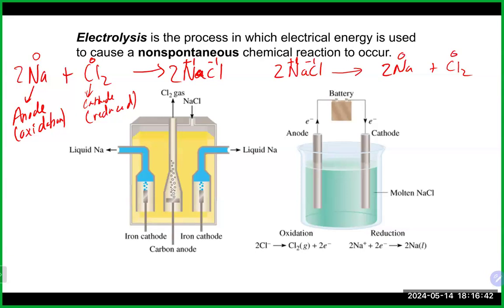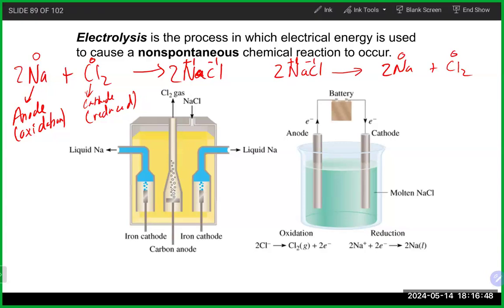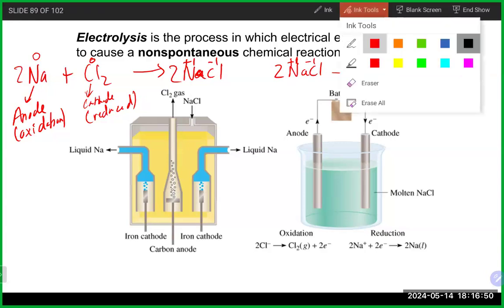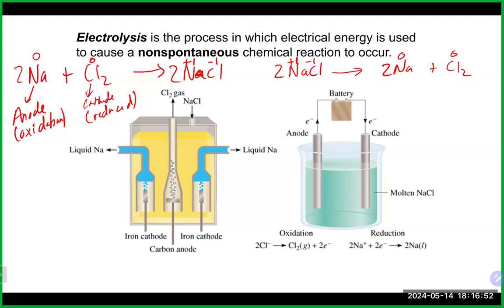Now going in the backwards direction here through electrolysis, which one is being oxidized? It is actually the chloride here. It's going from -1 to 0, right? Becoming more positive in that case and being oxidized.